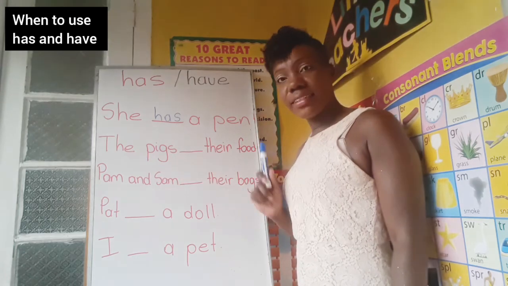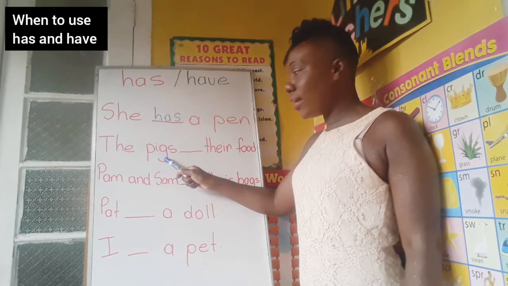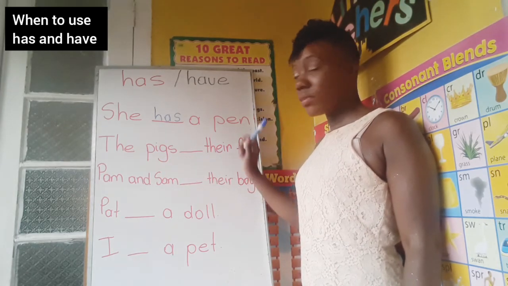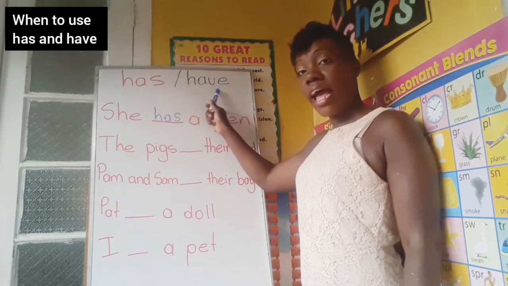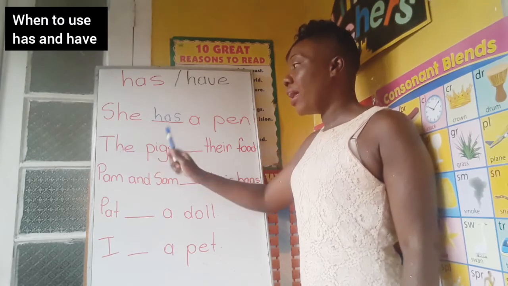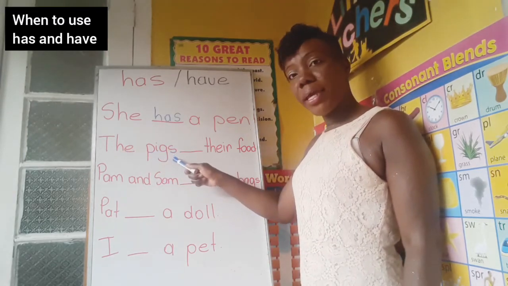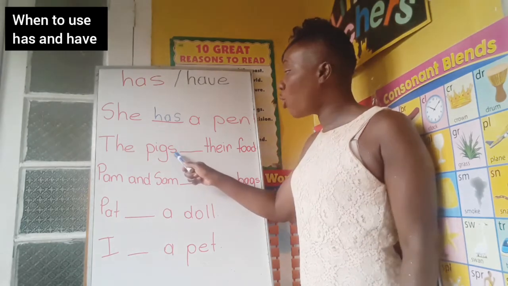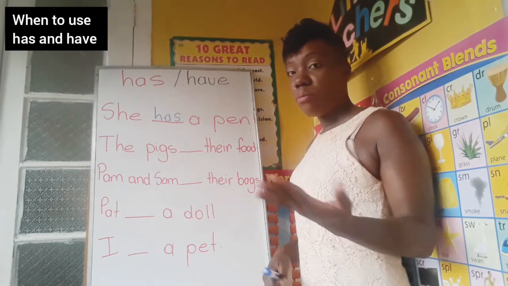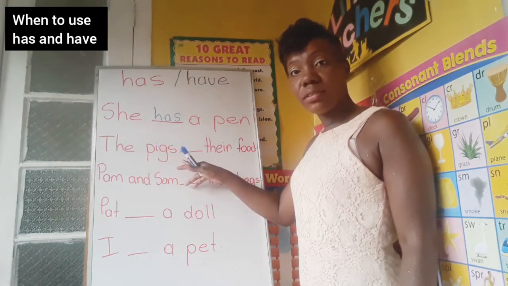Let's go to the next sentence. The pigs their food. Has or have? Now let's reason. It says the pigs. Now, is this one pig, singular, or more than one pig, plural? More than one. Why do we say that this is more than one pig?